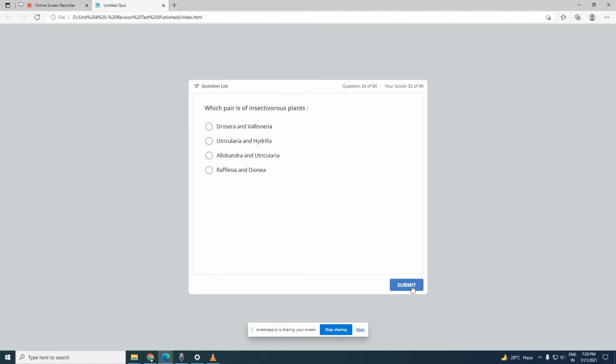Which is the right answer? The answer for the 34th question is Nepenthes and Utricularia. Option C is the right answer.